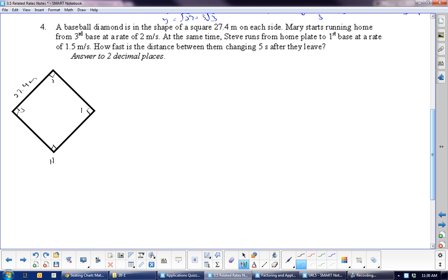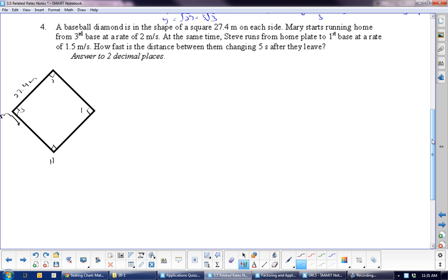Now, what's happening? Mary is here. The ball's hit, and she's going to run towards home base, at a rate of, we'll talk about that in a second.